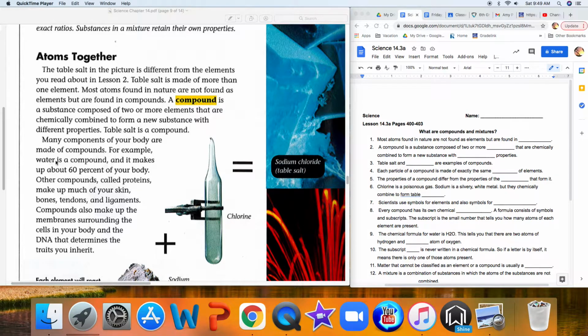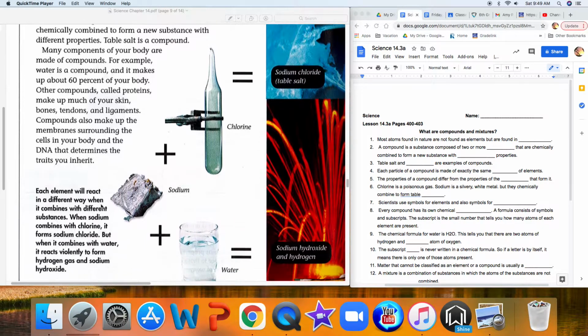For example, water is a compound, and it makes up about 60% of your body. Other compounds called proteins make up much of your skin, your bones, your tendons, and your ligaments. Compounds also make up the membranes surrounding the cells in your body and the DNA that determines the traits you inherit. So guys, obviously there's a ton of compounds inside my body.